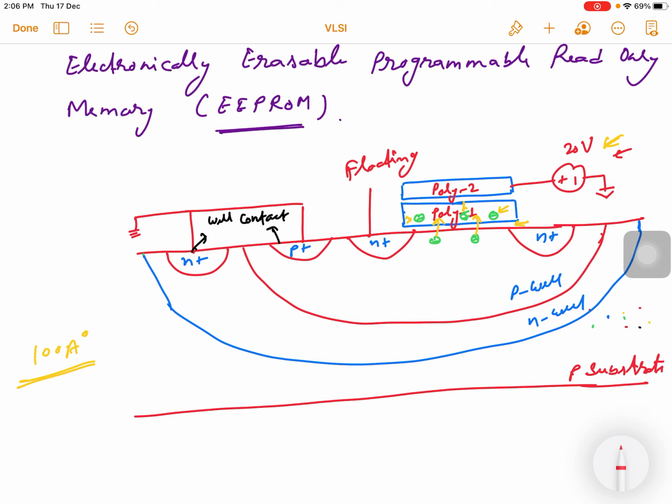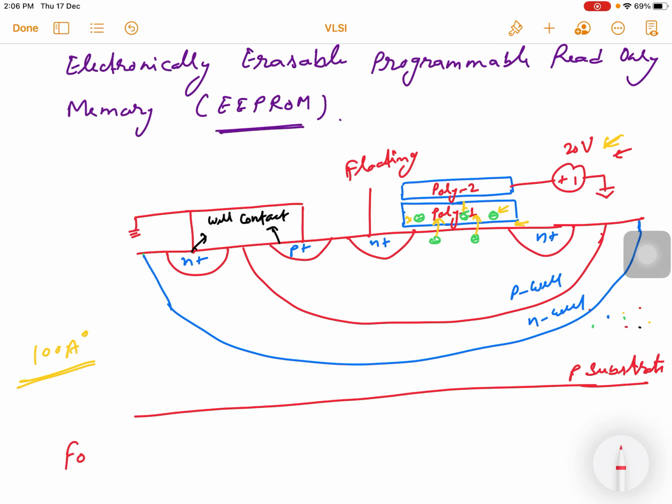So, they can easily penetrate into this poly. So basically we are penetrating these electrons into this polysilicon, and suppose you want to reverse this.